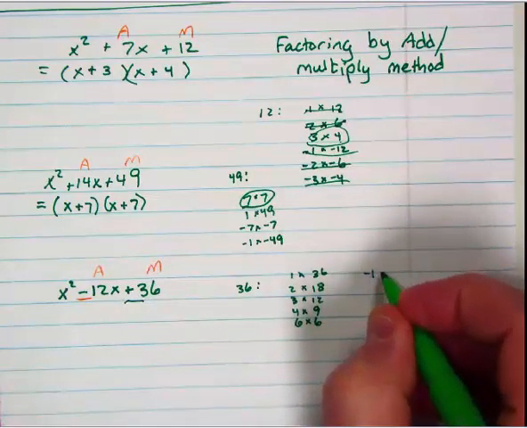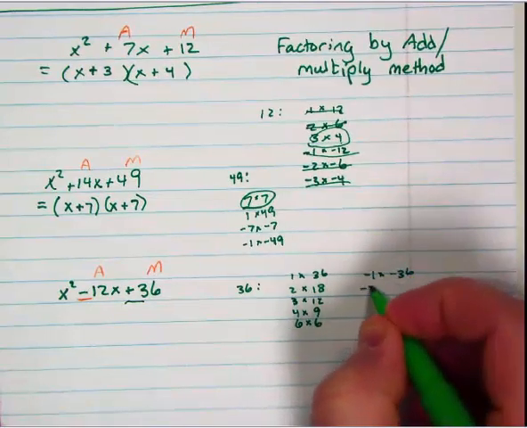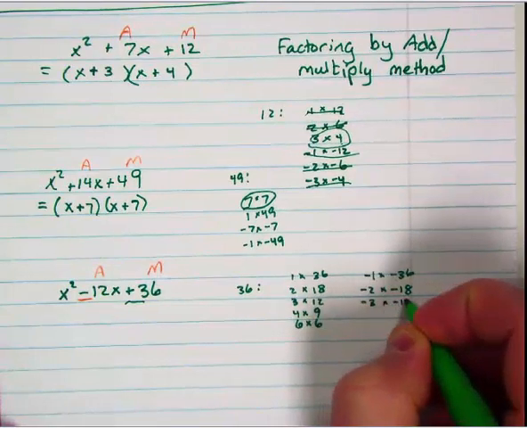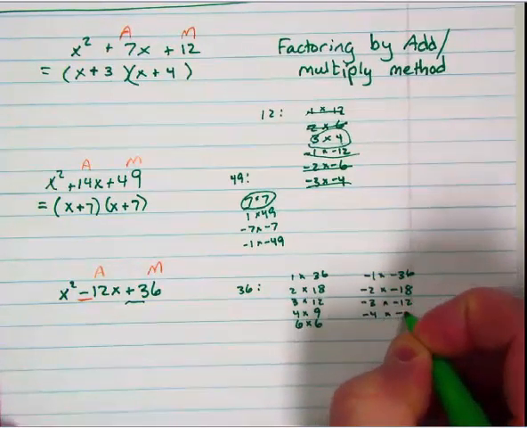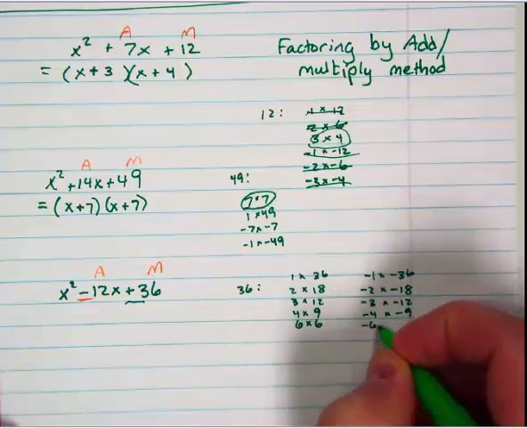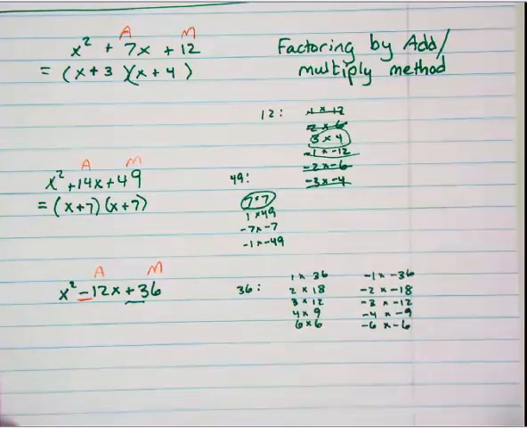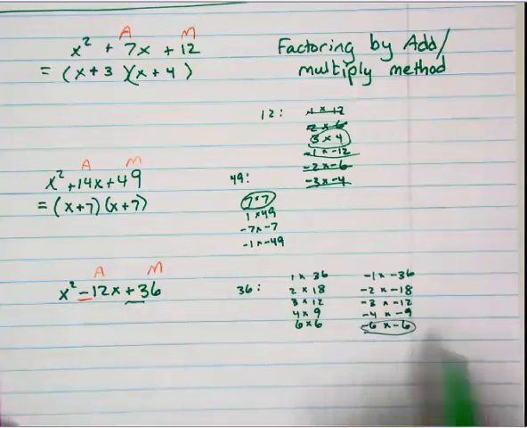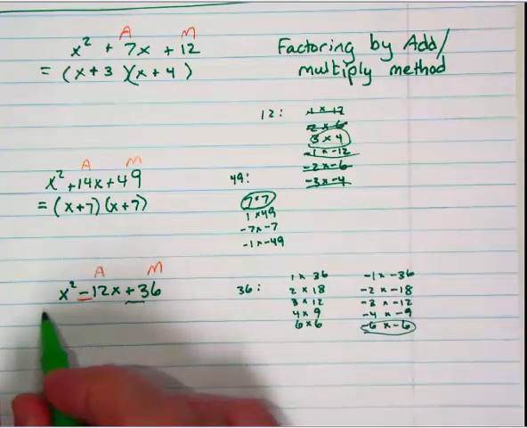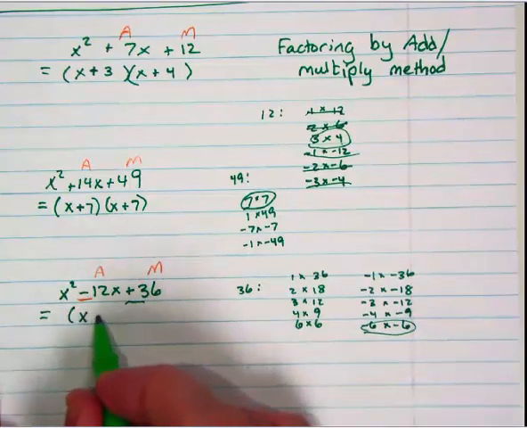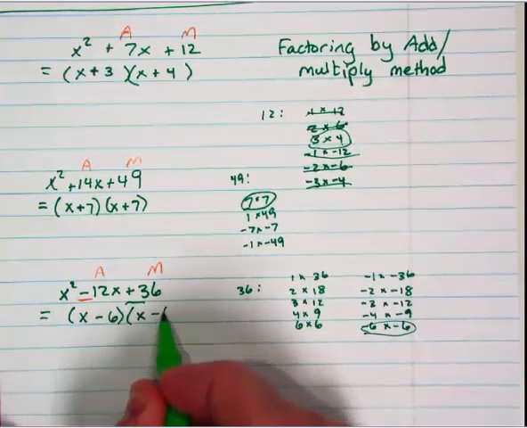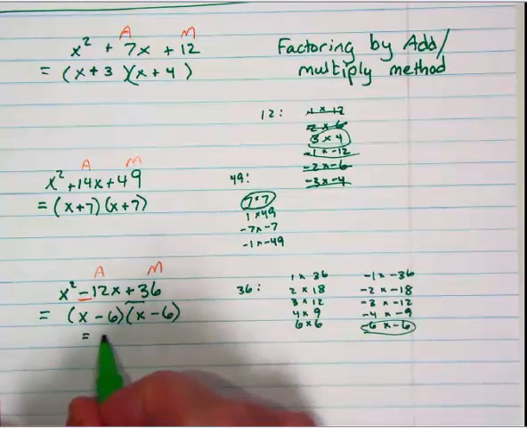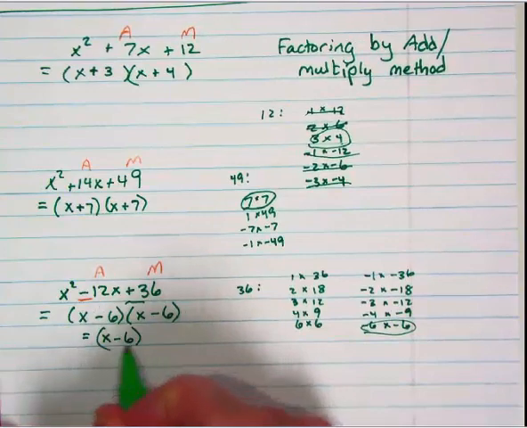So I could have negative 1 times negative 36, negative 2 times negative 18, negative 3 times negative 12, negative 4 times negative 9, and negative 6 times negative 6. Hopefully it's obvious the pair that combine to negative 12 is these, which means that in factored form, this is x minus 6 times x minus 6. Which, if I really felt like being fancy, I could also write as x minus 6 squared.